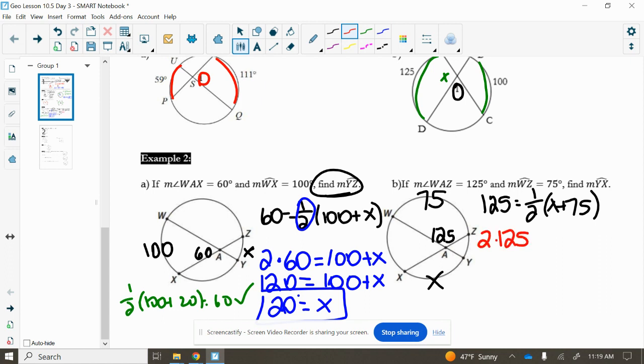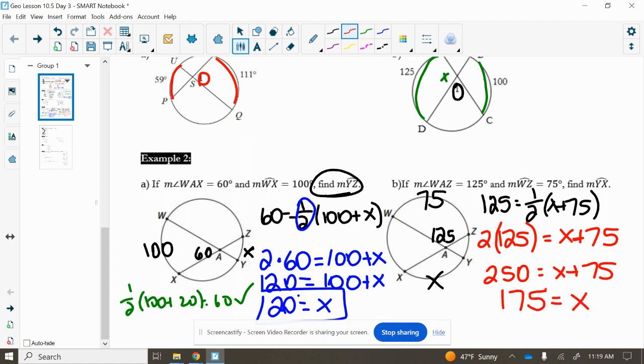So really we end up doubling the 125 to get rid of that 1/2, and then we just have x plus 75 on the other side. So 2 times 125 is 250. And when we subtract away the 75, our arc this time is 175 degrees.